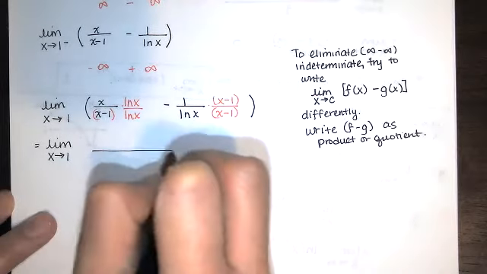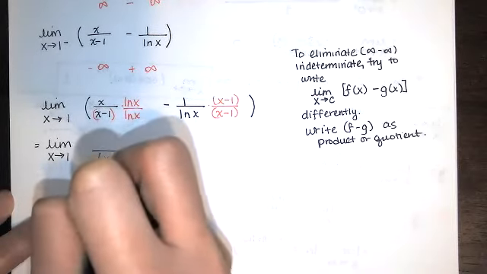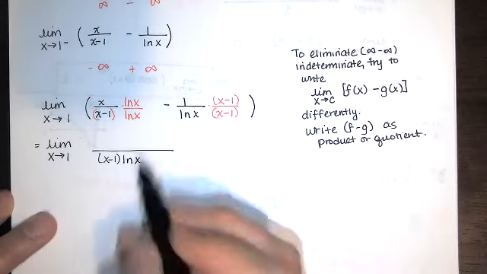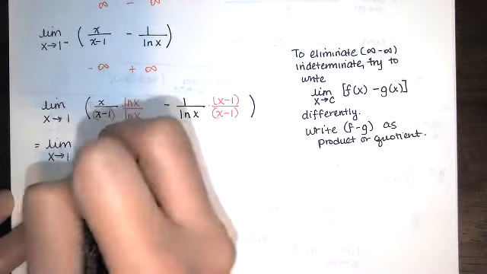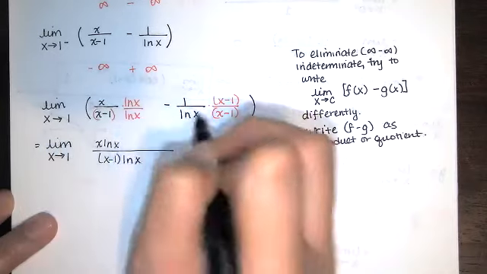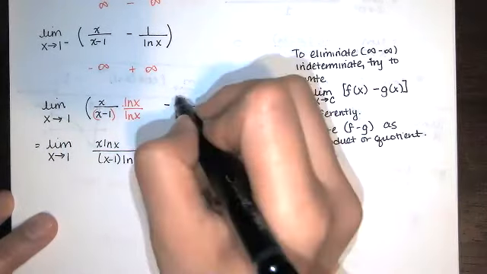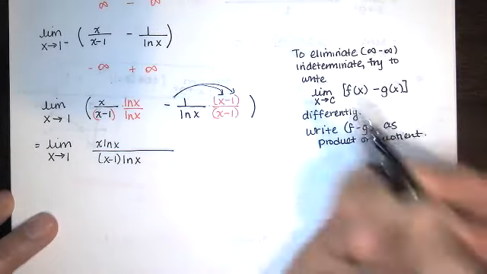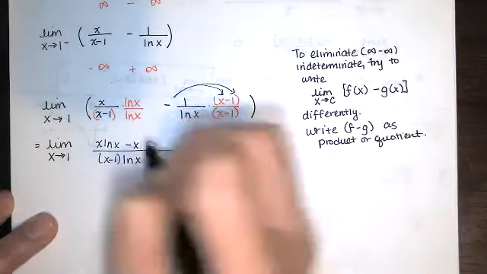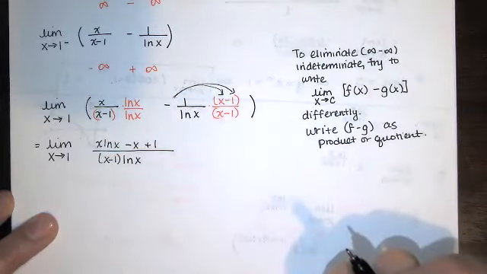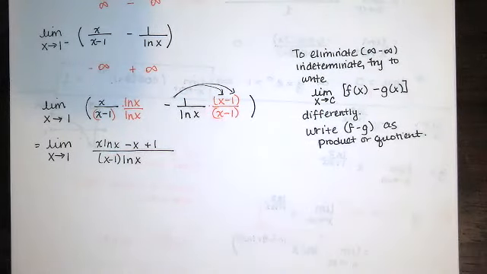All right. And now you have the same denominator, so you can just subtract the numerators. We've got x natural log of x over here minus the quantity x minus 1. I think I'll distribute that negative. That negative times that x and that negative times the negative 1. It's going to give me a negative x plus 1 there. Okay, so it's a quotient.